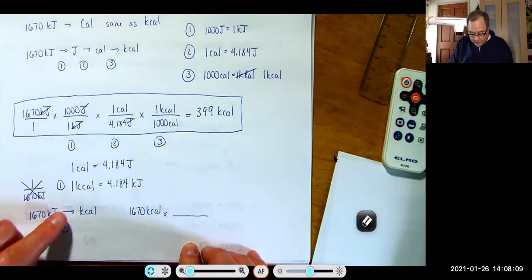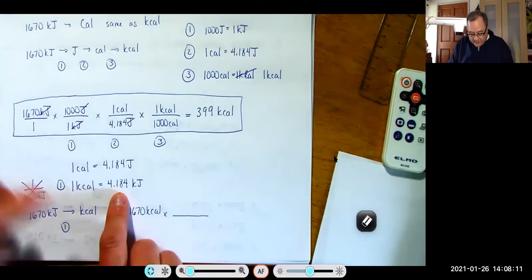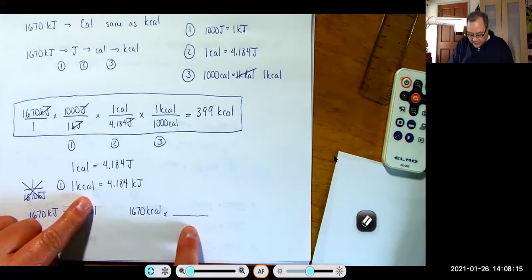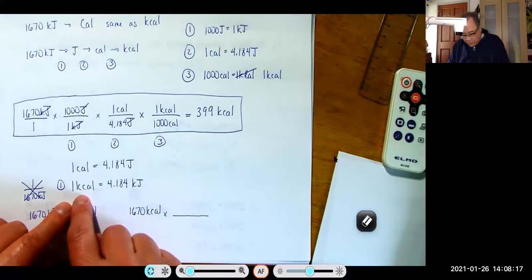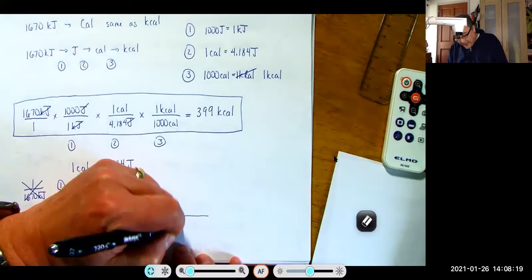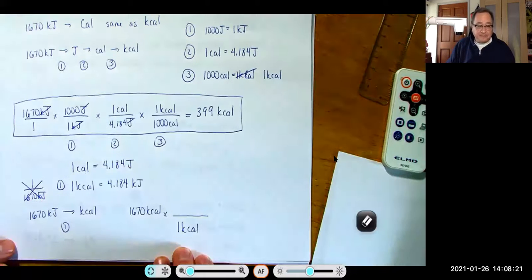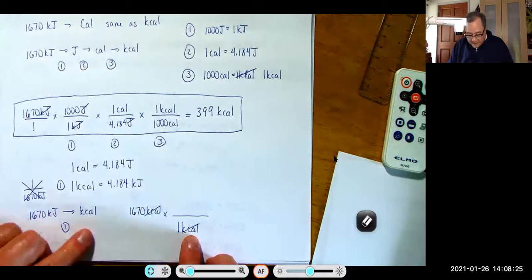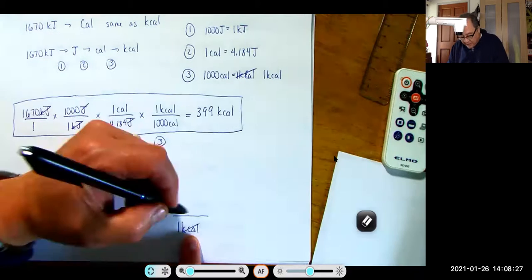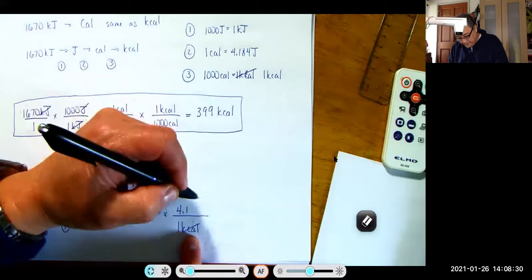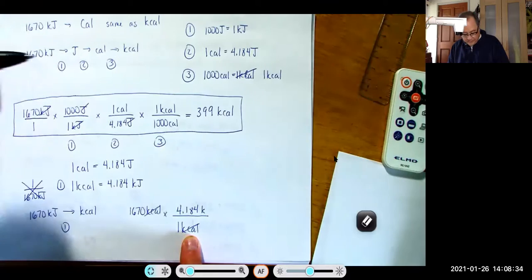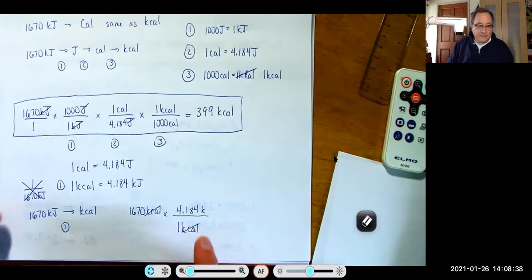Okay. So here, if I'm going to use this, I'm going to put something in the denominator to cancel the kcals. So I'm going to put 1 kcal in the denominator so that these cancel. So if I put that in the bottom, the other part has to go in the top. Uh-oh.